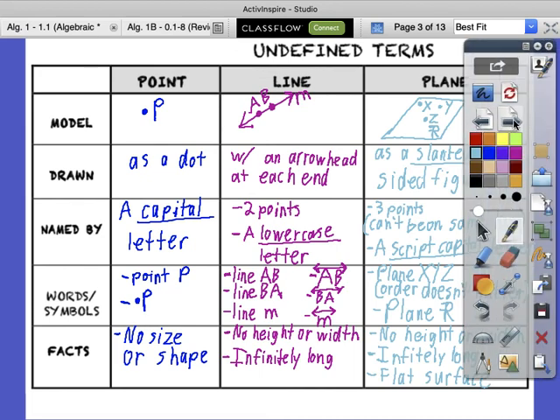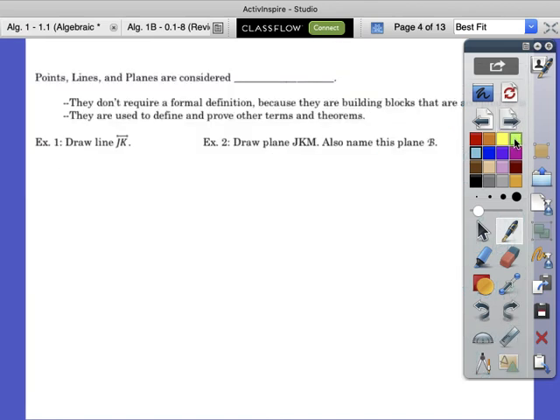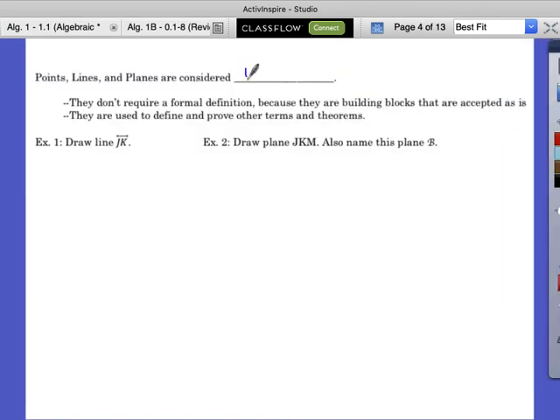Any questions on the table before we go to write below the table? Alrighty. So, points, lines, and planes are considered undefined. You've heard me a lot saying how it has no height or width, or doesn't have a shape or size. That's what it kind of means by undefined.